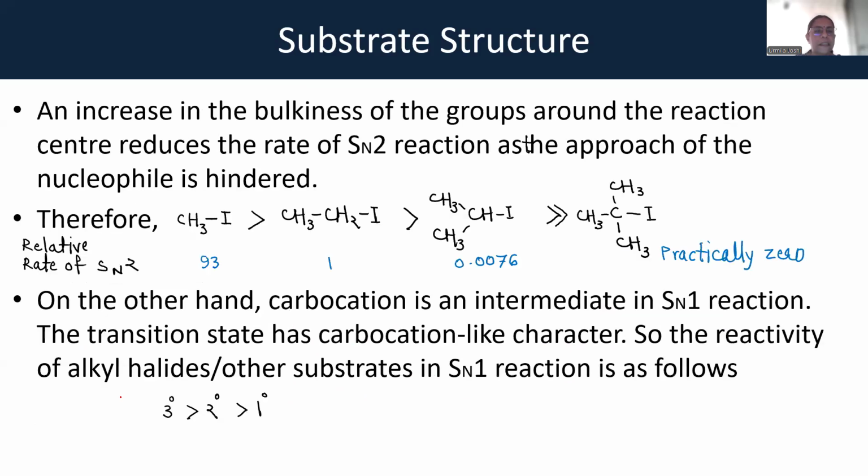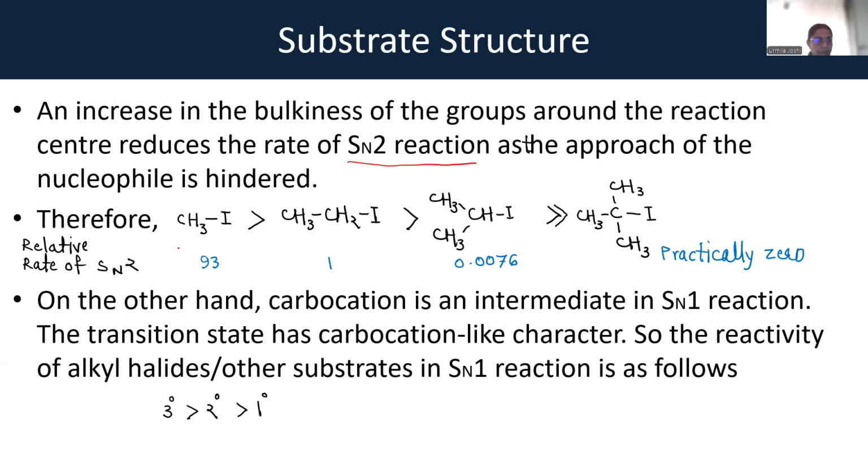Let us try to understand how. If the bulkiness of the group increases around the reaction center, what happens? The backside attack of SN2 reaction is not possible, because the approach of the nucleophile is hindered.